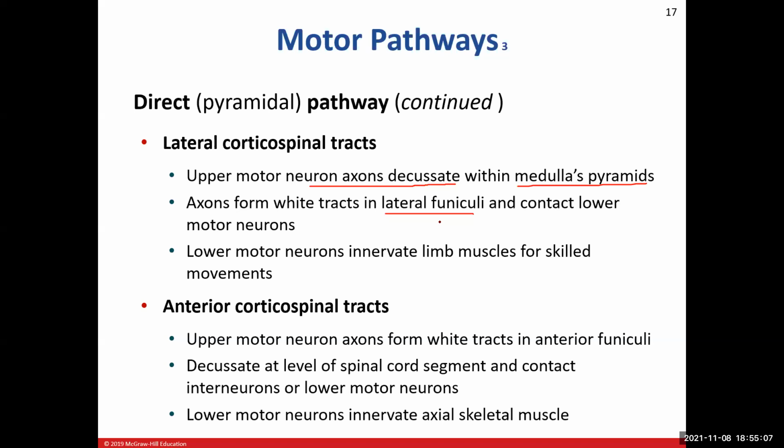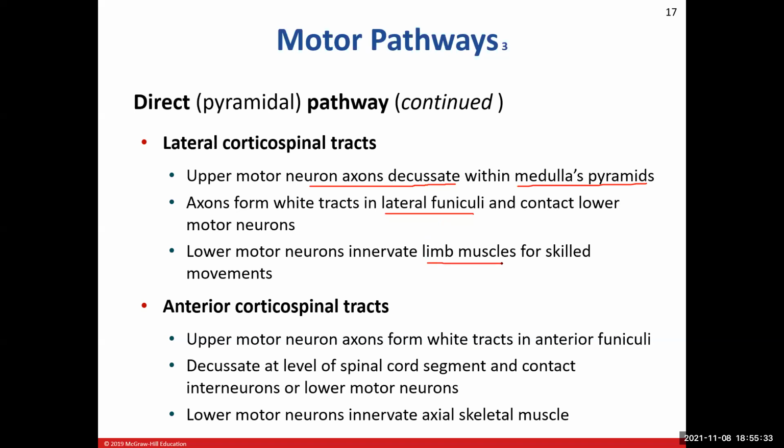So the lateral corticospinal tract is going to innervate your limb muscles specifically for skilled movements. You're all familiar with skilled movements, right? Fine finger movements like typing, for example, playing the piano, and certain other motions that will involve some of the larger muscle groups in your extremities too.